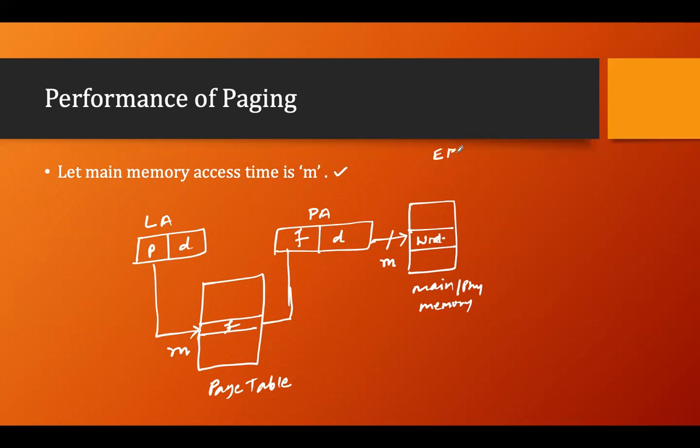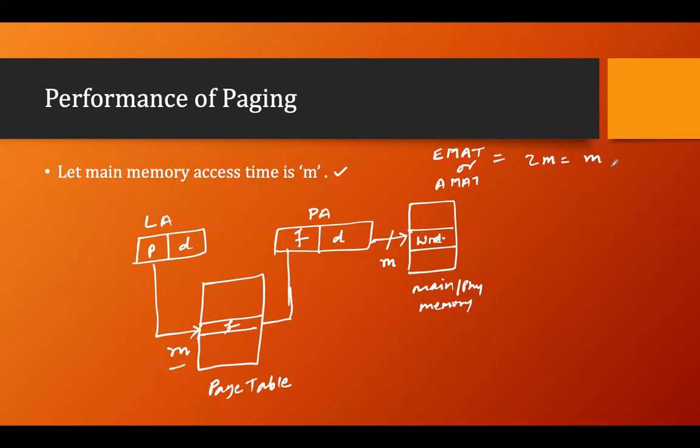That is called effective main memory access time, or effective memory access time, or it is also called average memory access time, which will be calculated as 2M. How is 2M coming?